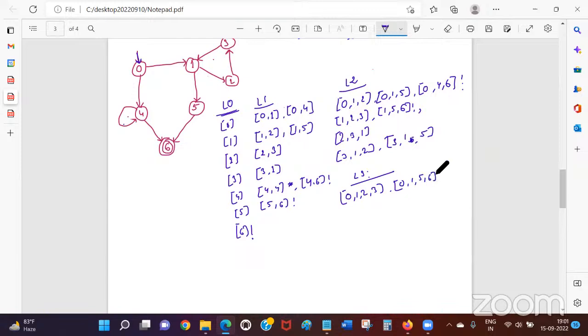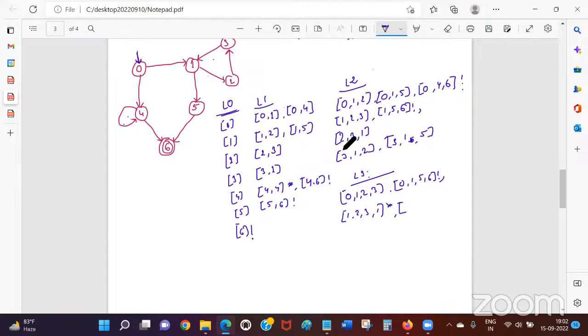So that's the end here. I cannot go further. Now 1, 2, 3. Can I go any more? 1, 2, 3, 1. So that's a start. 1, 5, 6, that's already ended.